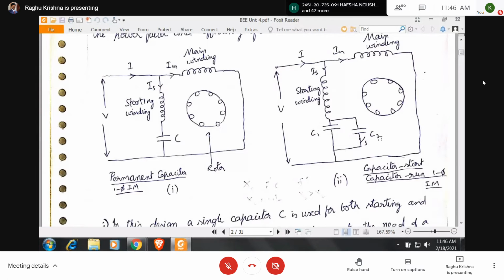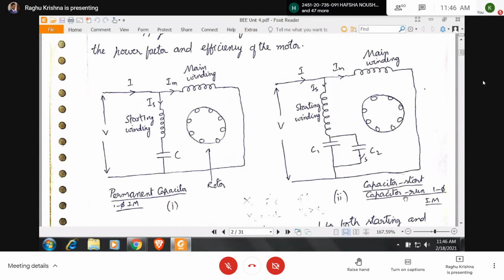Now coming to the second one, the capacitor start, capacitor run, single phase induction motor. Here we have two capacitors, C1 and C2. C2 is used only at the time of starting.